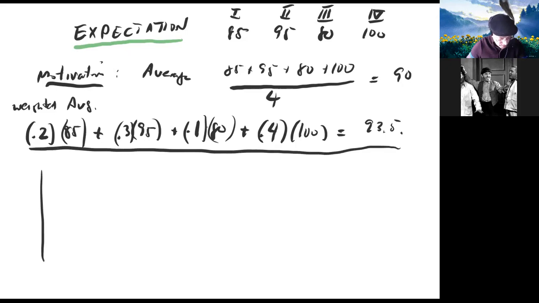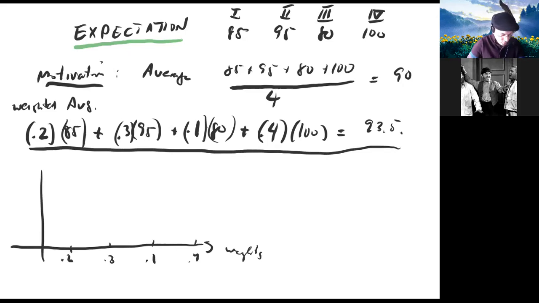And so what is the weighted average? Well, you can put the weights on the horizontal axis. So I would have 0.2, 0.3, 0.1, and 0.4 here, the various exam weights. I'm not ordering the weights here.